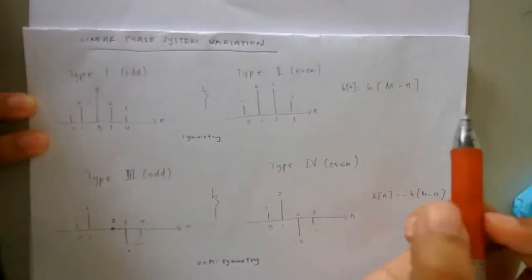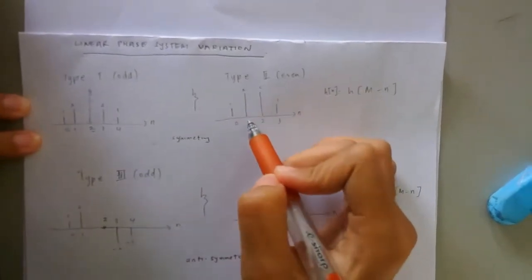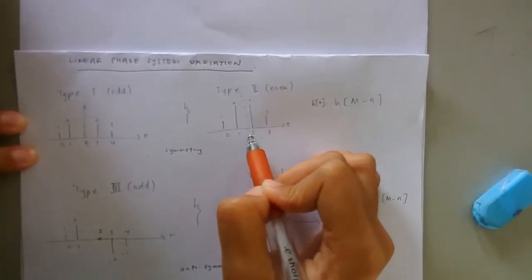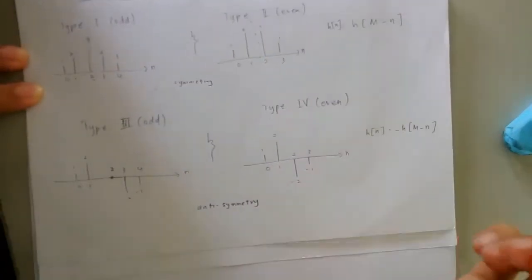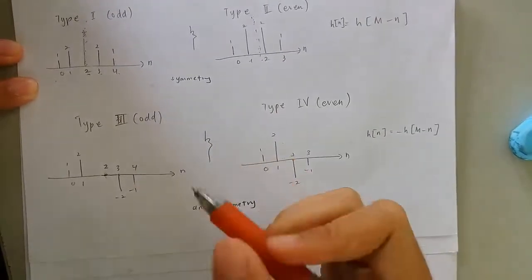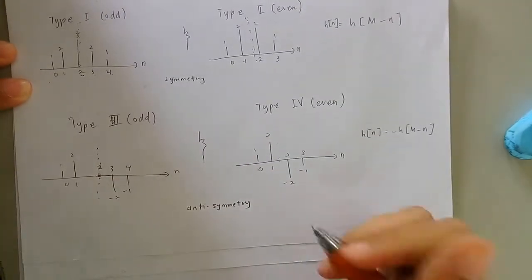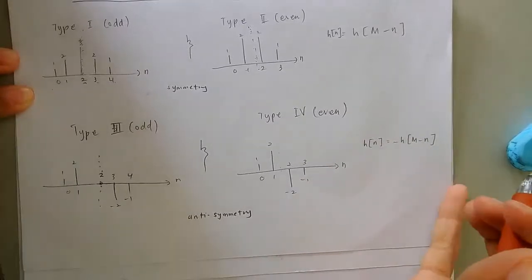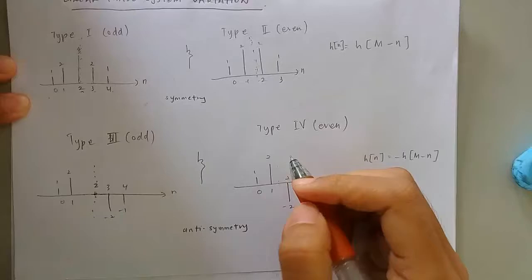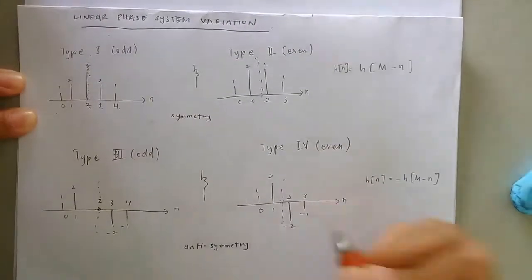Type 2 is an even system, and it will be mirrored between point 1 and point 2, which is here. Type 3, for the anti-symmetry system, will be mirrored 180 degrees at point 2. And type 4, an even system, will be mirrored 180 degrees between point 1 and point 2. That's all.